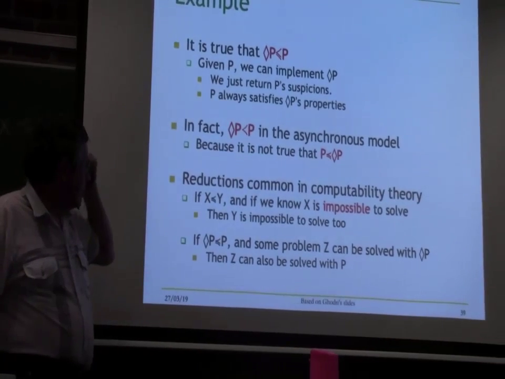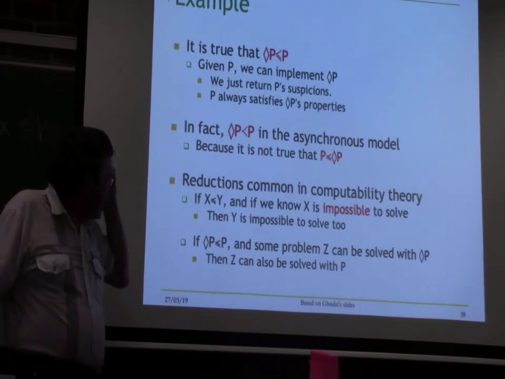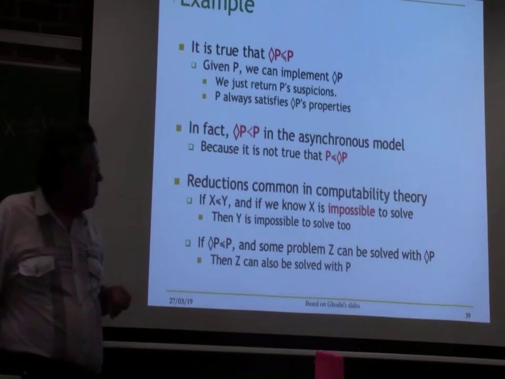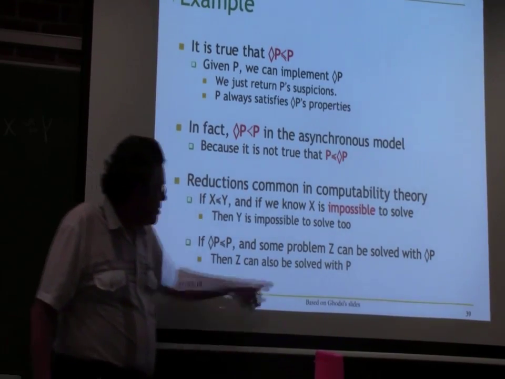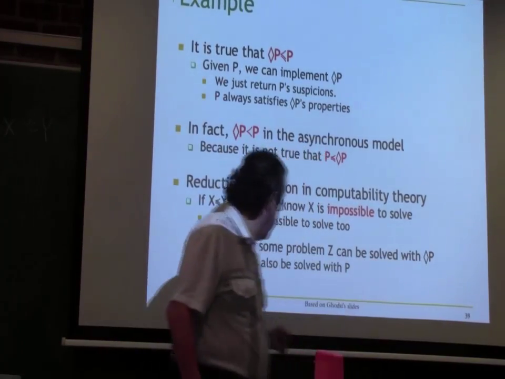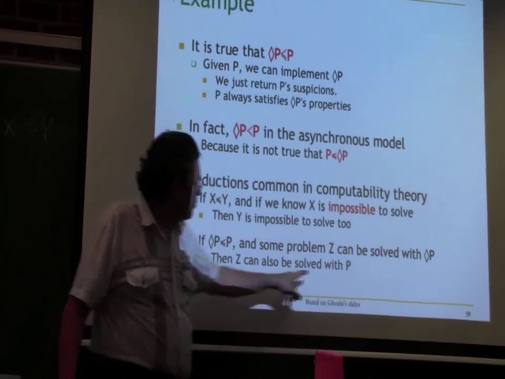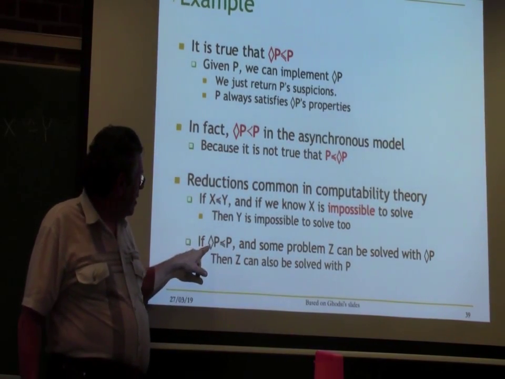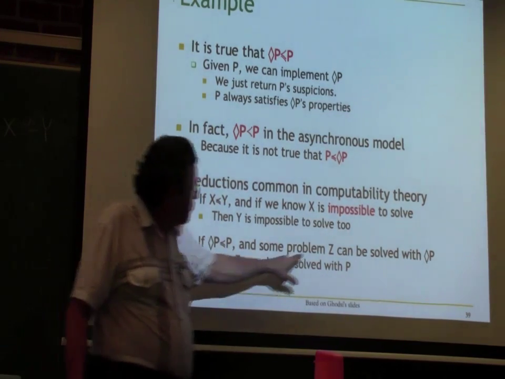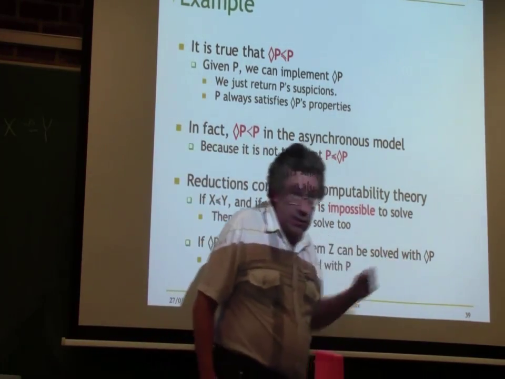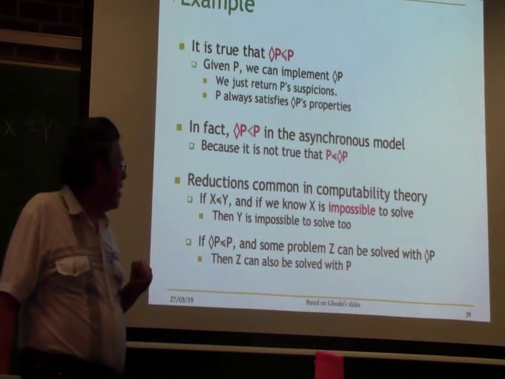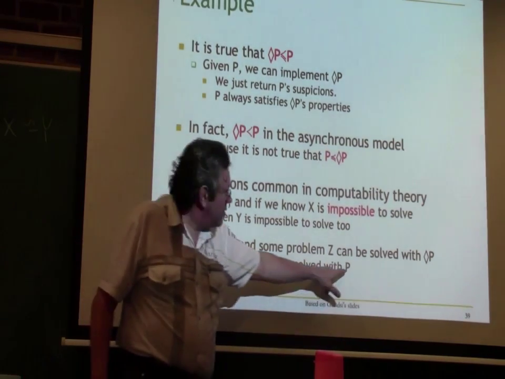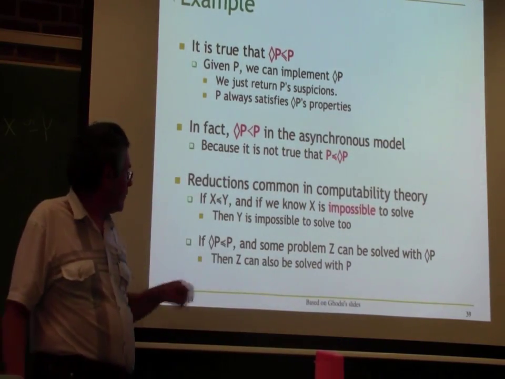Or for example, eventually P can be reduced to P. If we can solve a problem with eventually P, we can also solve it with P because of the transitivity. It's easy. If you can solve it with a failure detector that's allowed to make mistakes, then you can also solve it with a failure detector that makes no mistakes.